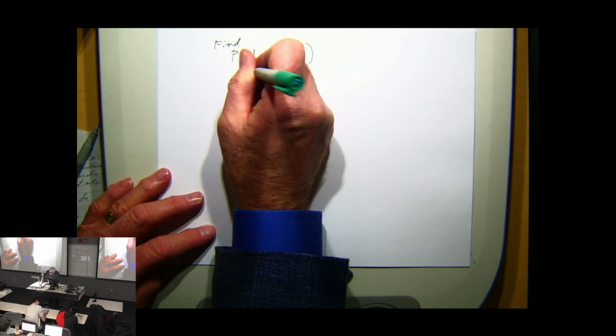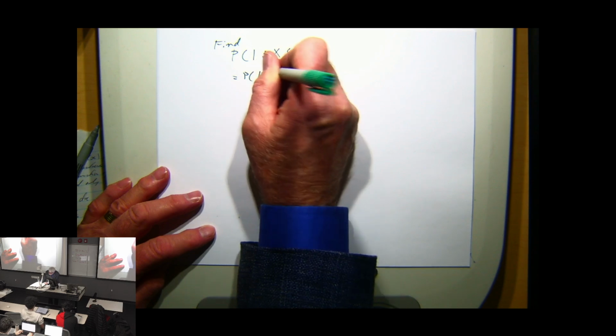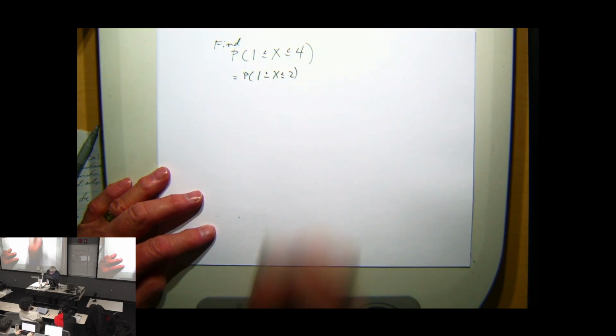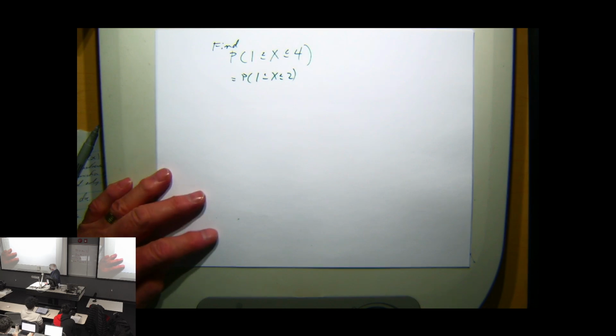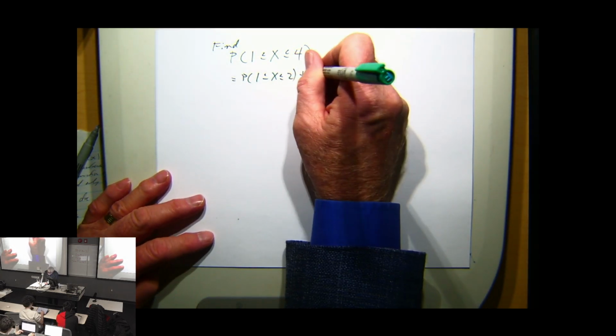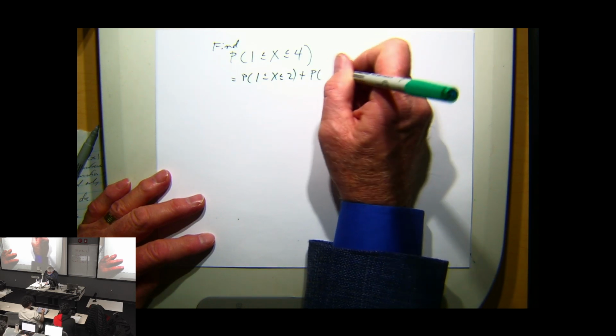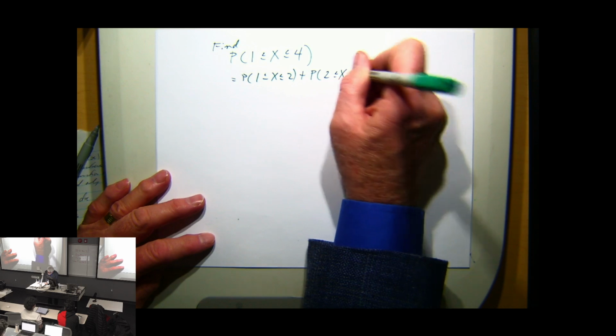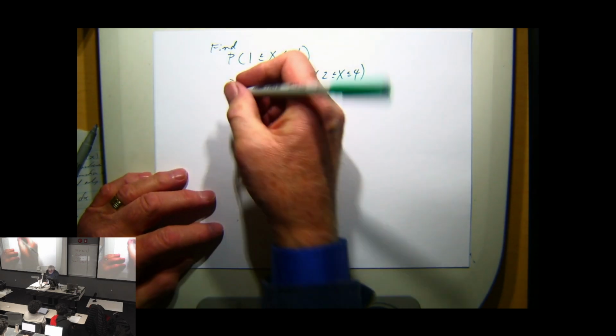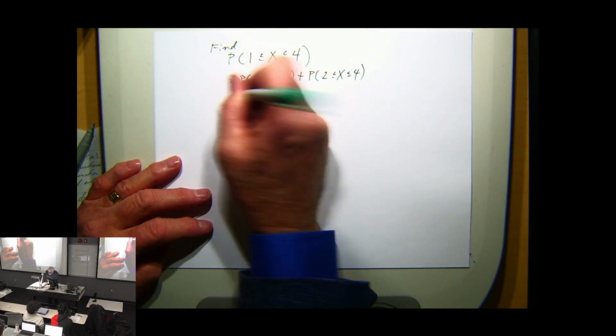And so I could have decomposed that and say that's the probability that x is between 1 and 2, which occurs with non-zero probability, plus the probability that x is between 2 and 4, which does not occur with non-zero probability, it occurs with 0 probability.